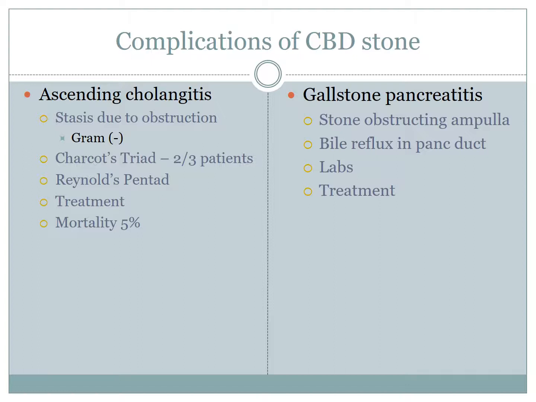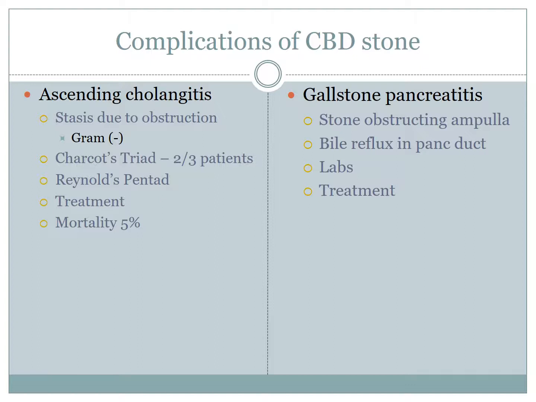So, complications of common bile duct stones. Just think about it. You have a stone obstructing the common bile duct, so the bile can't drain into the small intestines, and then it backs up. The bile is very rich in proteins and nutrients, and this is a breeding ground for infection.